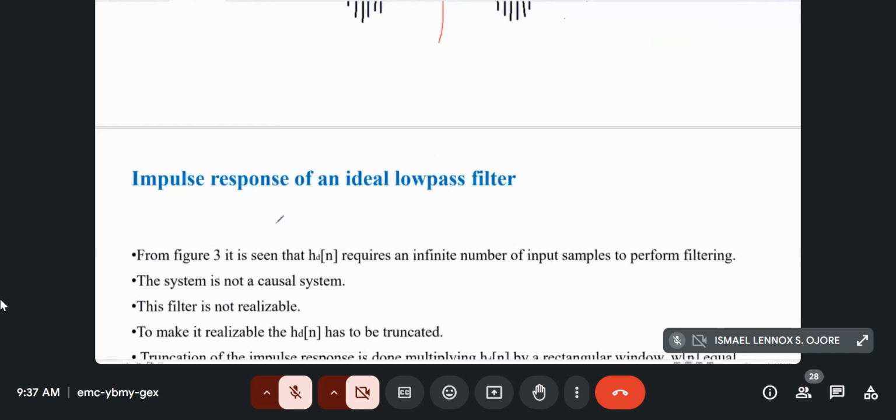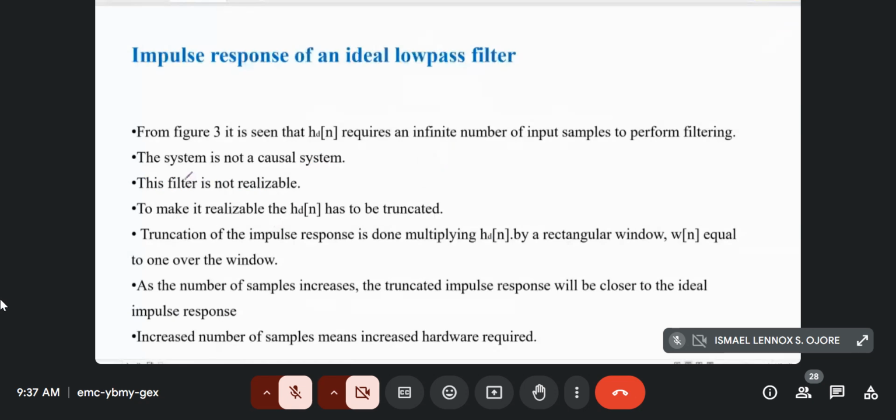From figure 3, it is seen that it requires an infinite number of input samples to perform filtering. When you have a very, very long h(n), it means you require all those samples before you can do the filtering. The system is also not causal. So this filter is not realizable.